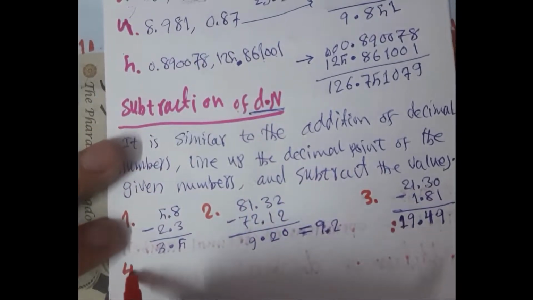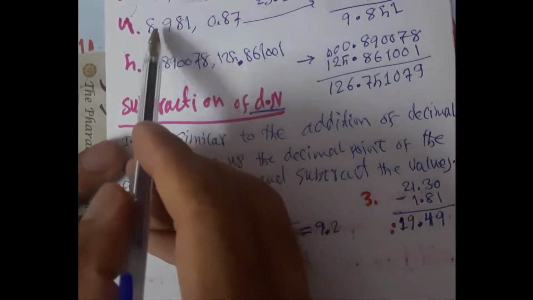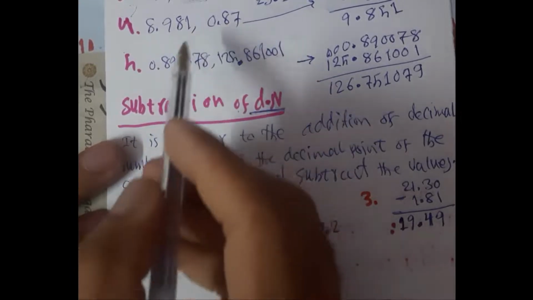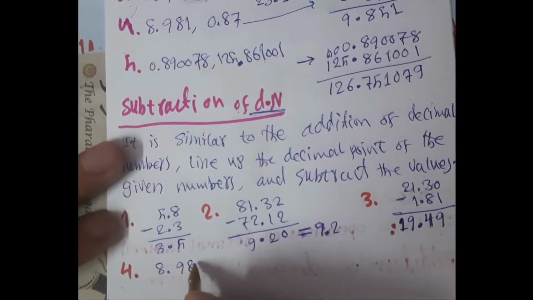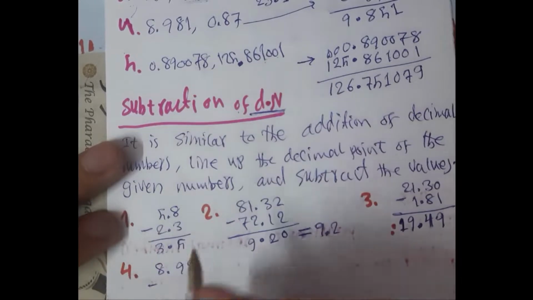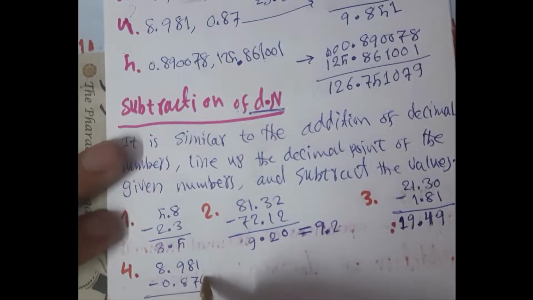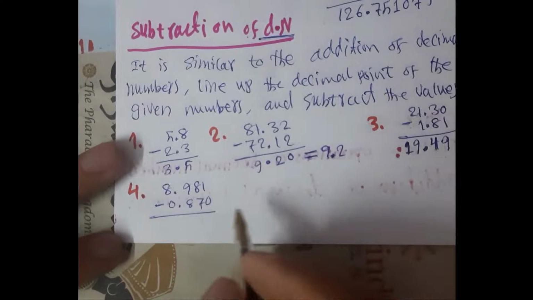Question 4. 8.981 and 0.87. Which one is bigger? 8.981 is bigger, minus the smaller number 0.87. Here under 1 we don't have any number, we can write 0.